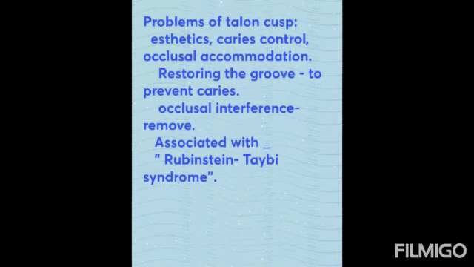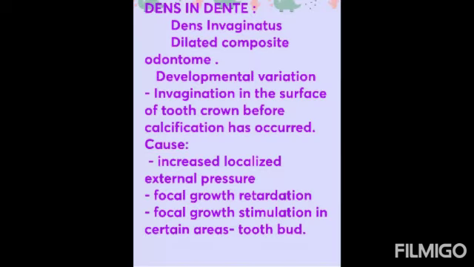We have to prophylactically restore the groove to prevent caries, and if there is occlusal interference we have to remove the cusp, but exposure of the pulp necessitates endodontic therapy. This condition is quite uncommon in the general population. It is mostly present in Rubinstein-Taybi syndrome, which is very important.